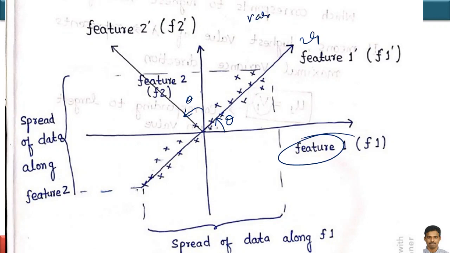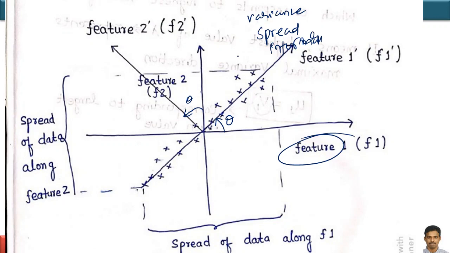Variance is maximal, spread is maximal, information is maximum. We can say it in different ways. That is the way we are rotating. Since it is two-dimensional data, we have two eigenvalues and two eigenvectors.